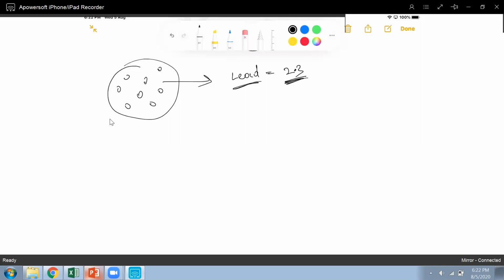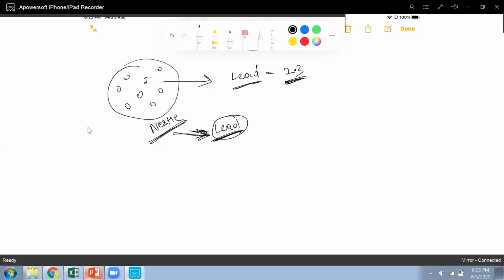Till now we say that the lead content in Maggie is 2.3. Now what happens is that Maggie belongs to the Nestle company, no? So what this company is doing now is that they are including more lead in their Maggie.